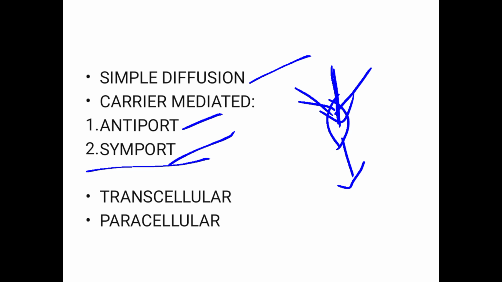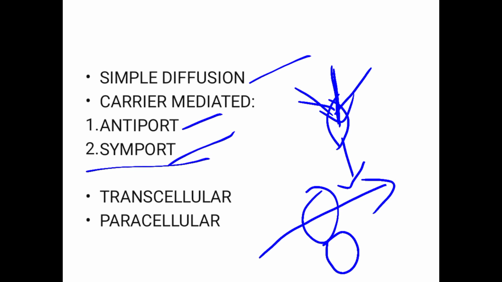Then transcellular and paracellular. Transcellular means across the cell. Two cells are present, and across the cell it is transported. Paracellular means at the adjacent, where the two cells are meeting, so the substances move through the adjacent cells.